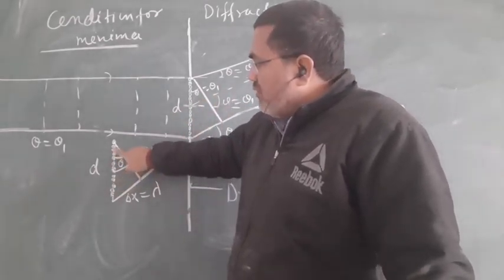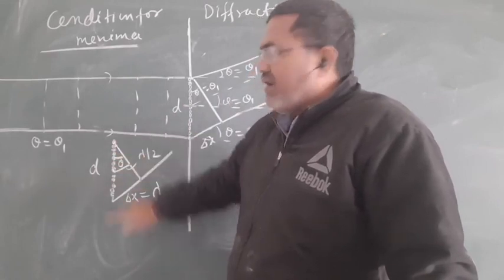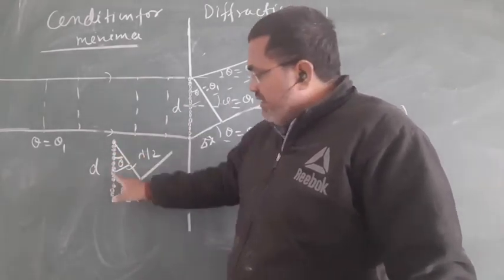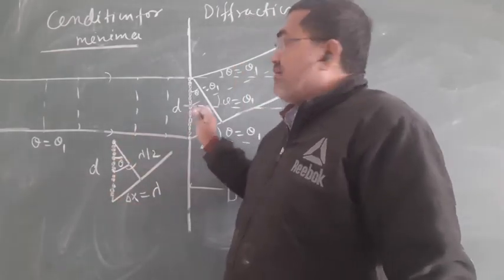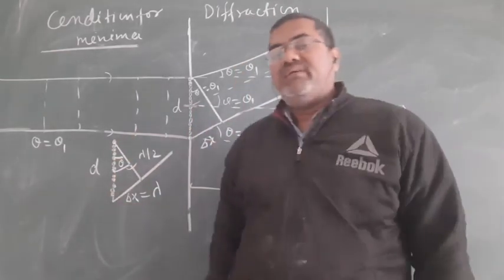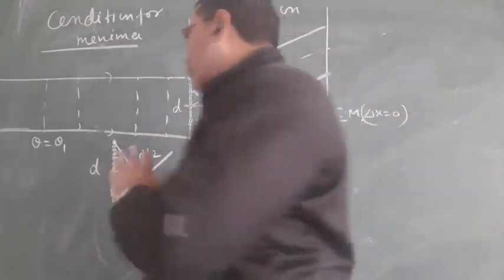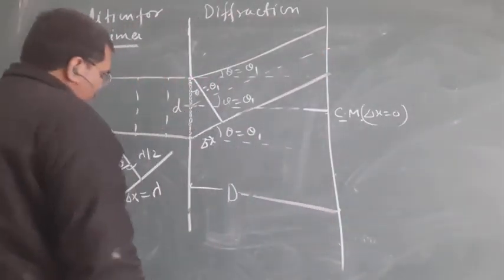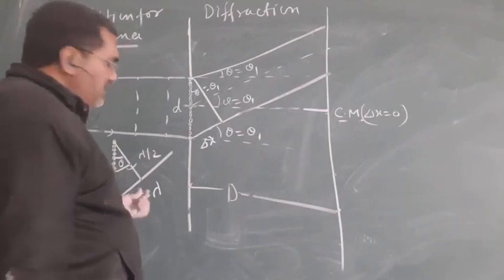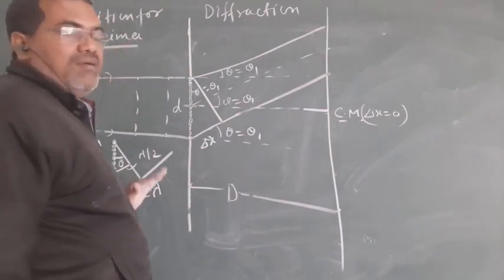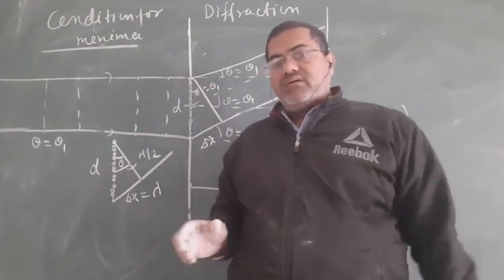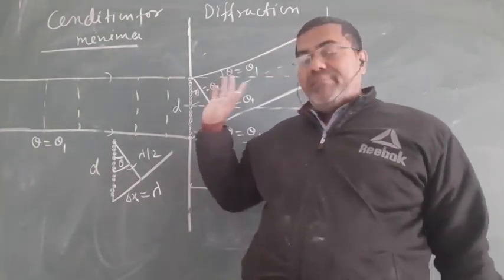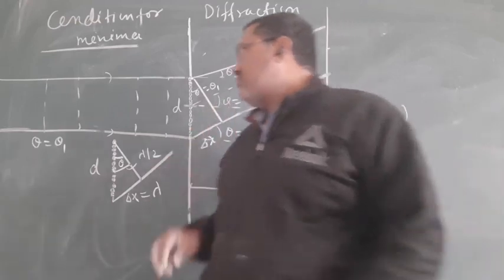So all the particles of the upper half have corresponding particles in the lower half, which will meet at the screen in opposite phase, that is, path difference lambda by 2. So you can say that when the path difference is lambda between the top and bottommost point, then minima will be obtained on the screen.